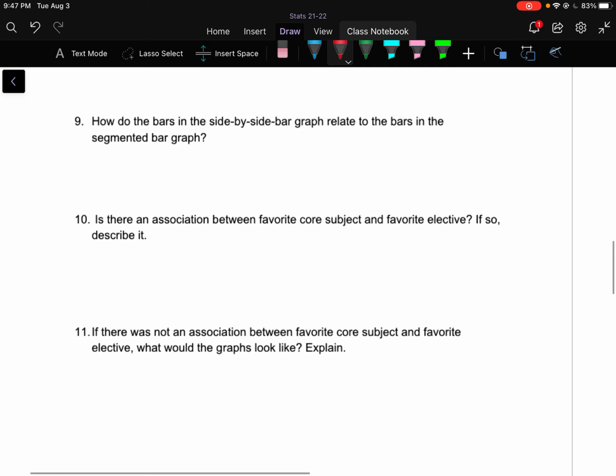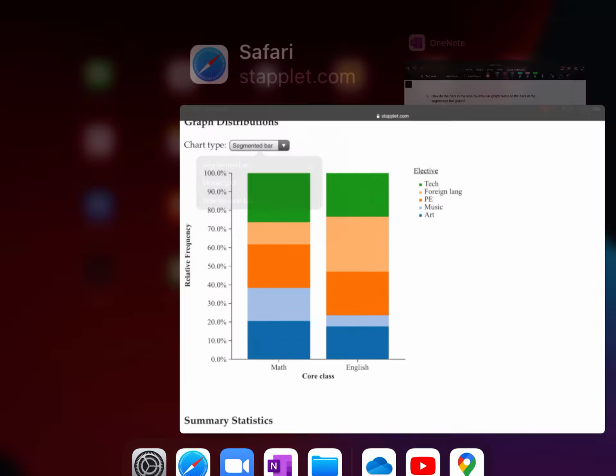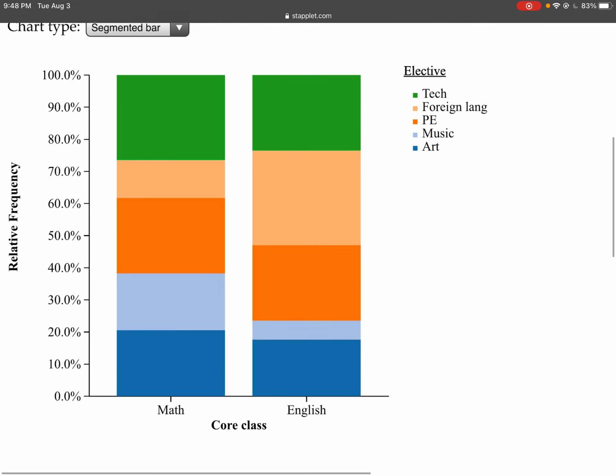All right, number 10, is there an association between favorite core subject and favorite elective? If so, describe it. So basically, we're going to try to see if we notice any patterns between our two subgroups, right? People who prefer math versus people who prefer English.